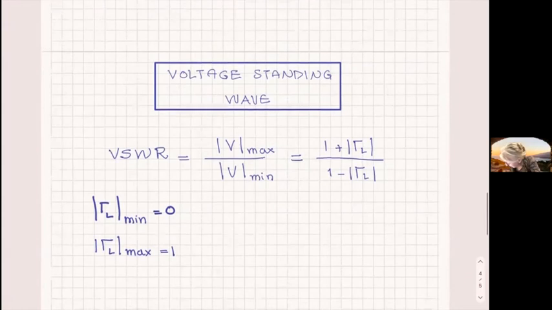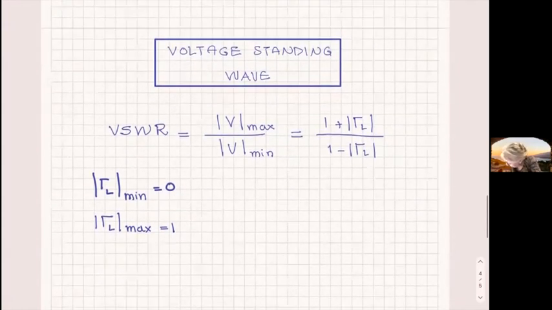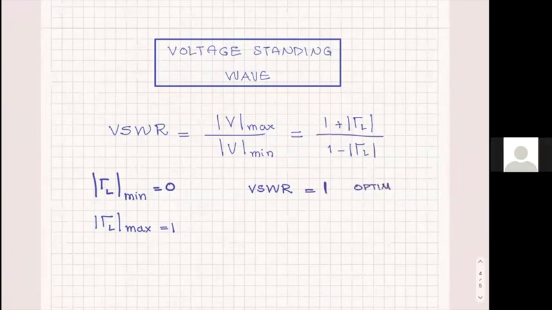What is the optimal value of the VSWR for matching? What is the VSWR when gamma L is at its minimum, when gamma L is 0? Look at my relationship. When gamma L goes to 0, VSWR is 1.